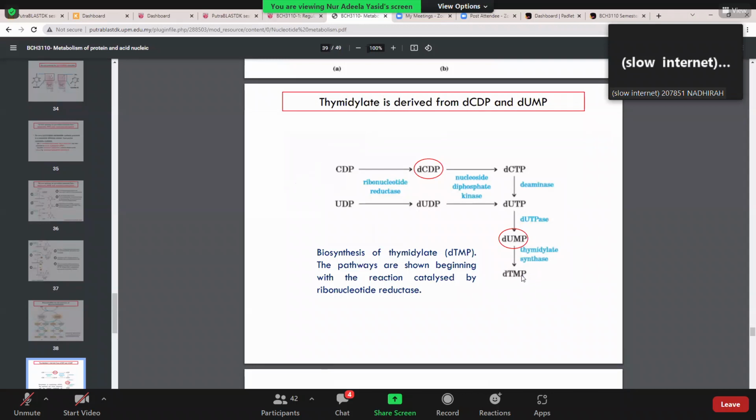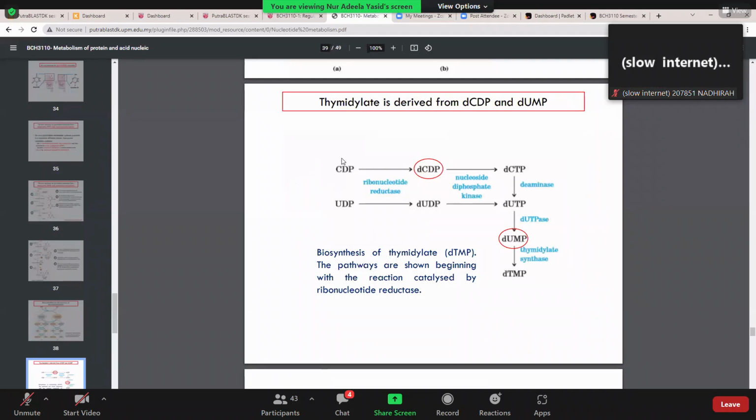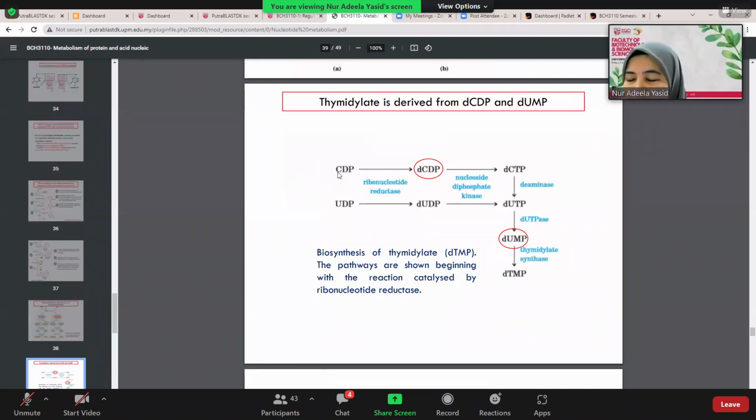Di dalam CDP tu apa? Cytidine diphosphate. So from cytidine diphosphate, this is your ribonucleotide. Do you understand the term ribonucleotide, deoxyribonucleotide? This one is your RNA. So this is your ribonucleotide dalam form cytidine diphosphate. It undergoes a reaction catalyzed by ribonucleotide reductase.